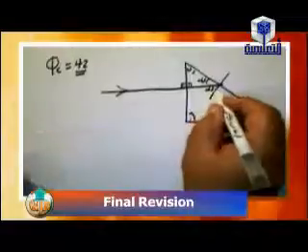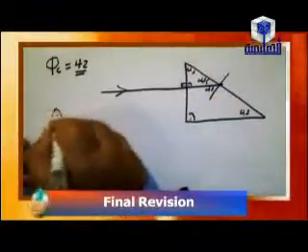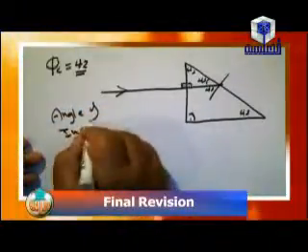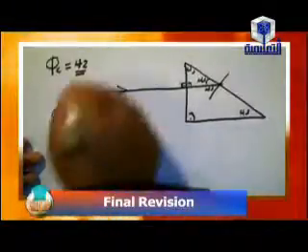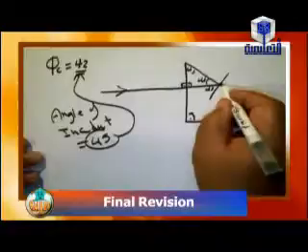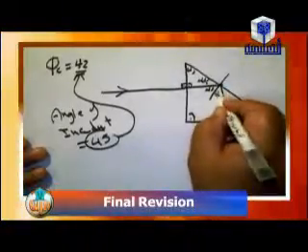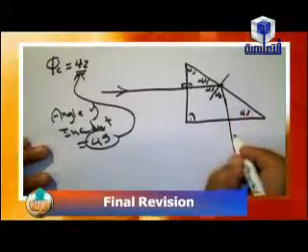So the angle of incidence inside the prism is equal to 45. We find that 45 is greater than 42, so the ray totally reflects with the same angle. So this angle is 45, and the ray emerges perpendicular.